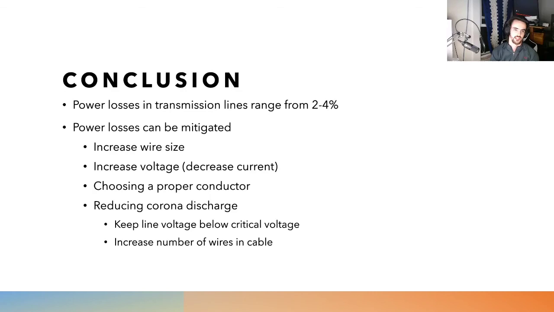Power losses can be mitigated by increasing the conductor size, increasing the voltage and ergo decreasing current, and choosing a proper conductor. To reduce corona discharge, keep line voltage below the critical voltage of the air to prevent ionization of the air, and increase the number of wires in the cable to increase the surface area and decrease the likelihood of corona discharge.